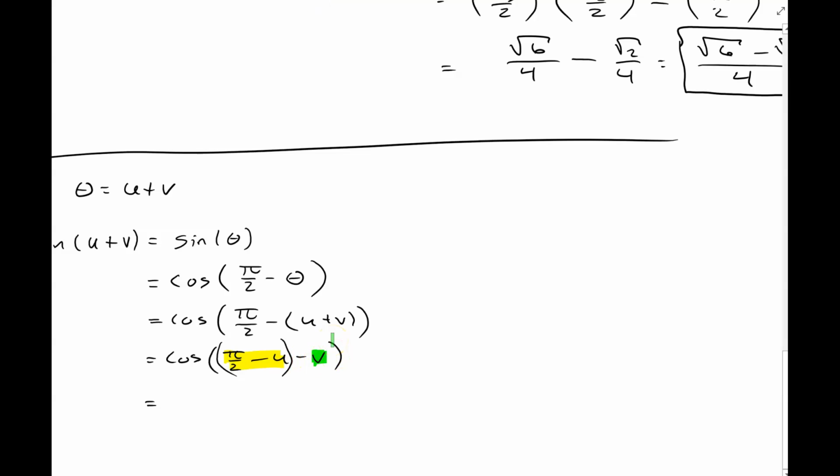Using the formula that I just made, that's going to be cosine of u times cosine of v plus sine of u times sine of v.